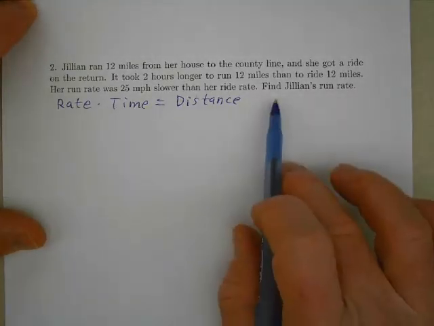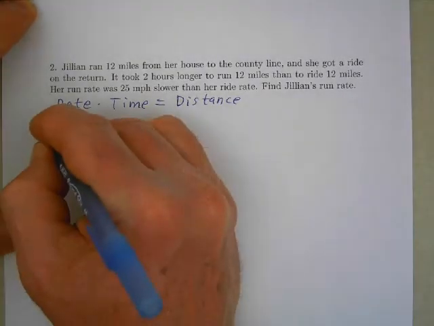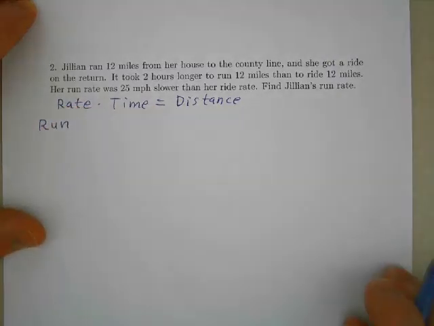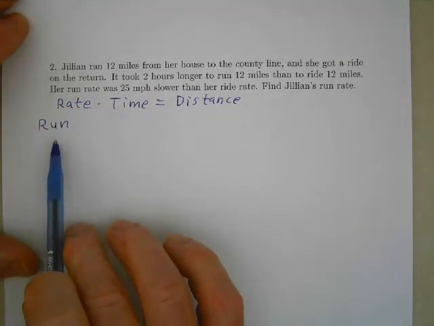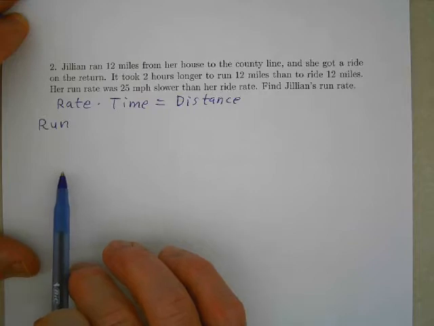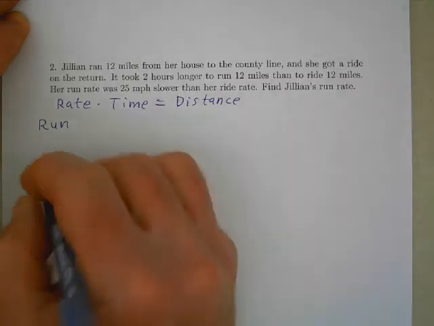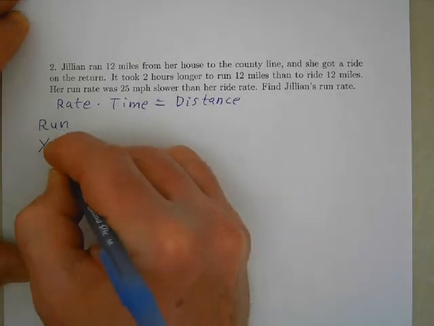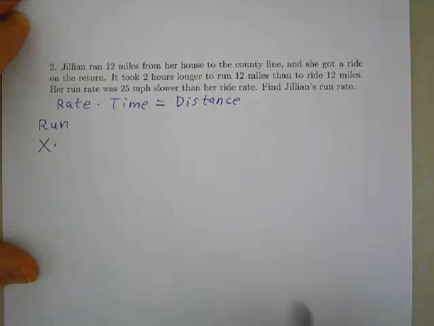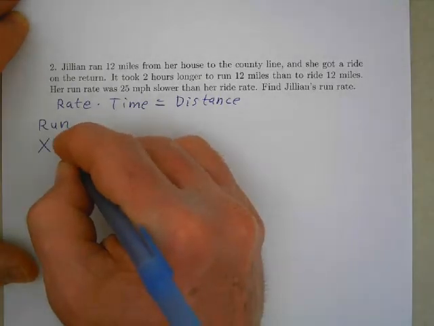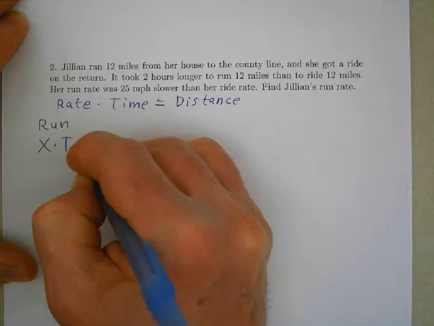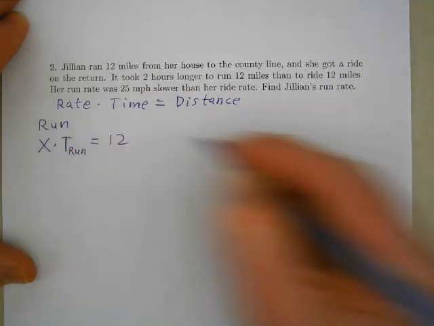We're supposed to find her run rate, so we'll write down an equation for when she's running that has the form rate times time equals distance. We're supposed to find her rate. I'll use X to represent her rate, X miles per hour, and T sub run for the amount of time it takes her to run 12 miles.